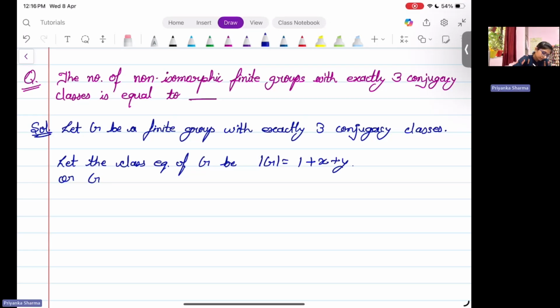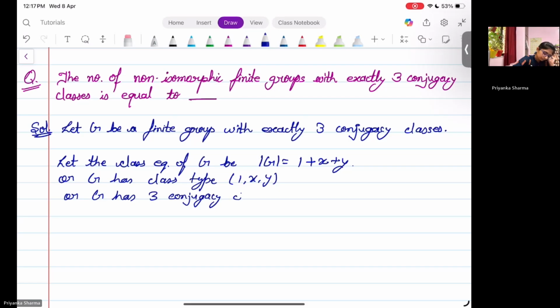Or G has class type 1, x, y, or G has 3 conjugacy classes having 1, x and y elements in them. Okay. So why did we take 1 here?